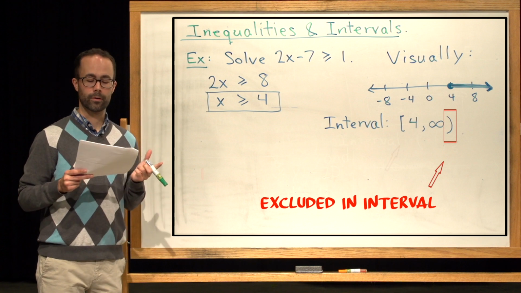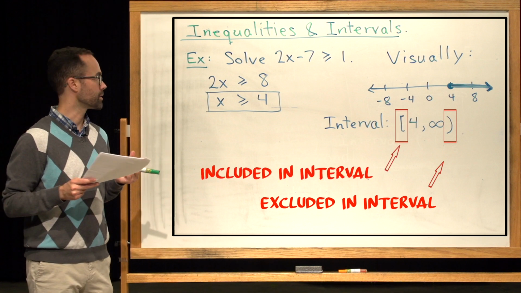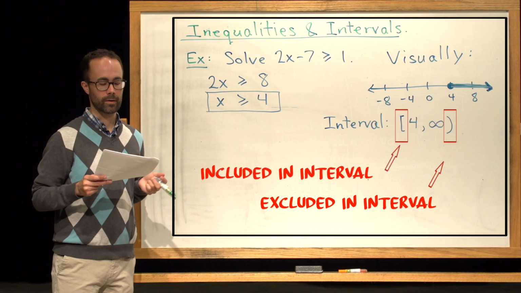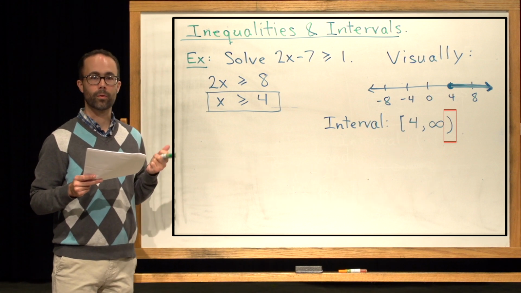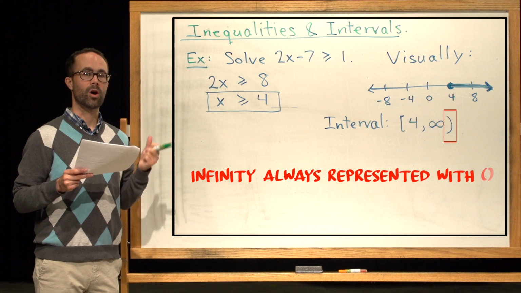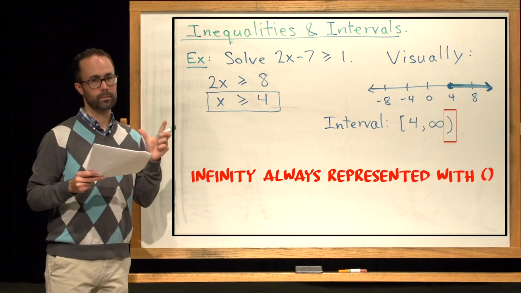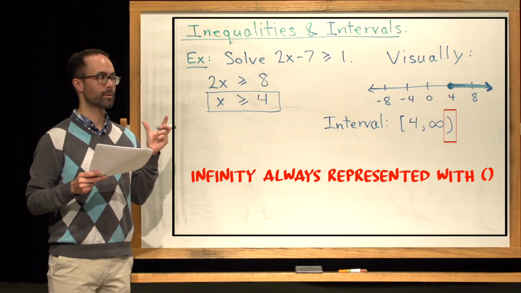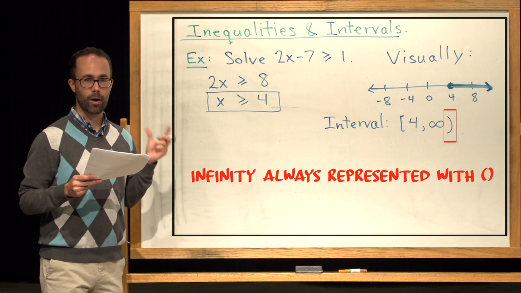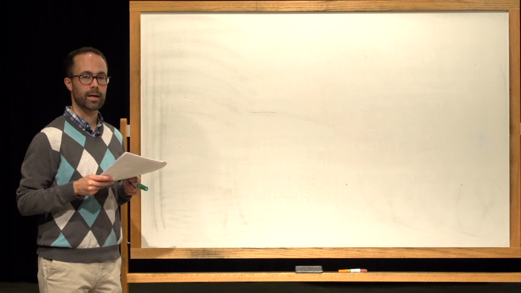It's not part of the interval. And then if there are square brackets, we're including it. It is part of the interval. Then also, if you see infinity or negative infinity, those always come with parentheses. We don't think of infinity as a value like a number. It's an unbounded interval. So always include parentheses in that case.